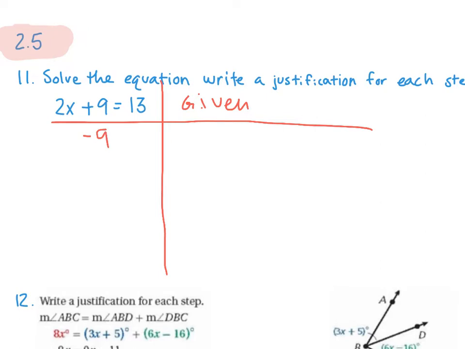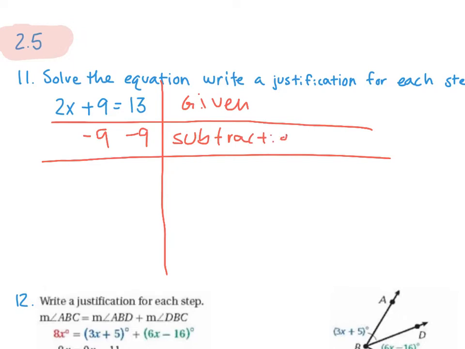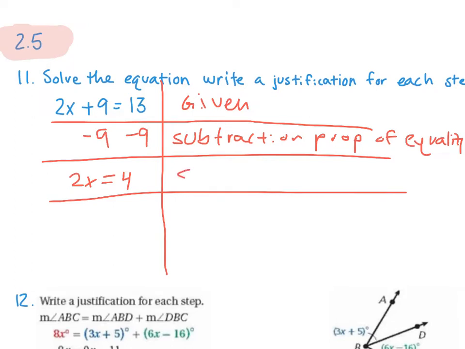So we subtract 9 from both sides, and this step will be the subtraction property of equality, because we are subtracting on both sides of the equal sign. So now we have 2x is equal to 13 minus 9, which is 4. And all we did here was simplify.